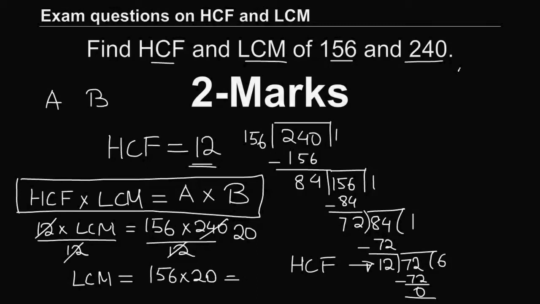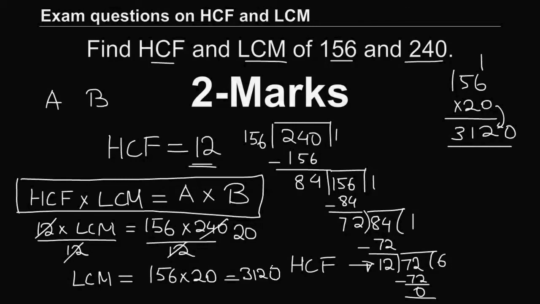Let's quickly multiply here. 156 times 20, let's multiply by 2, so this will be 12, 10, 11, 2 2s are 2, 2 1s are 2 plus 1 is 3. The 0 will come over here. So it will be 3120. That means the LCM of these two numbers is 3120. So this is how we solve this particular type of question.